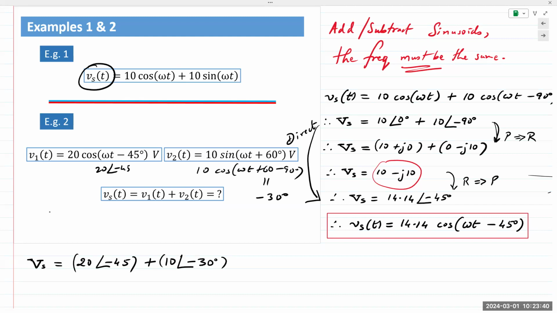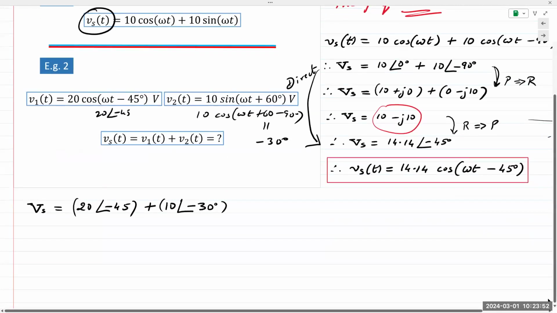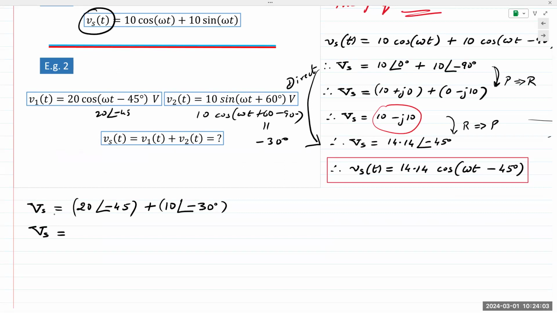The sum of these two vectors, well, again, you can perform a conversion or program it into a calculator. It should give you a value of 29.77 and a phase angle of minus 40. So perform this on your own devices and compare your answer to what I obtained.